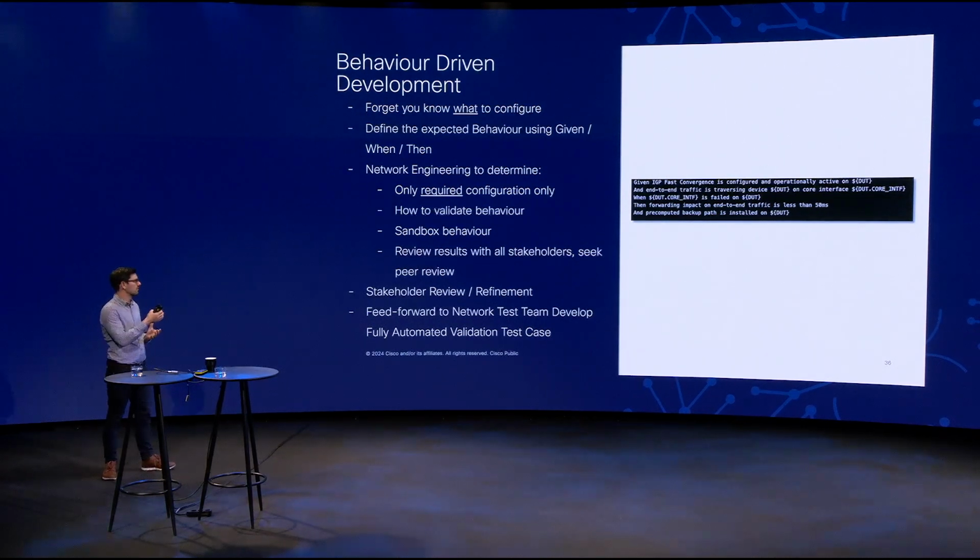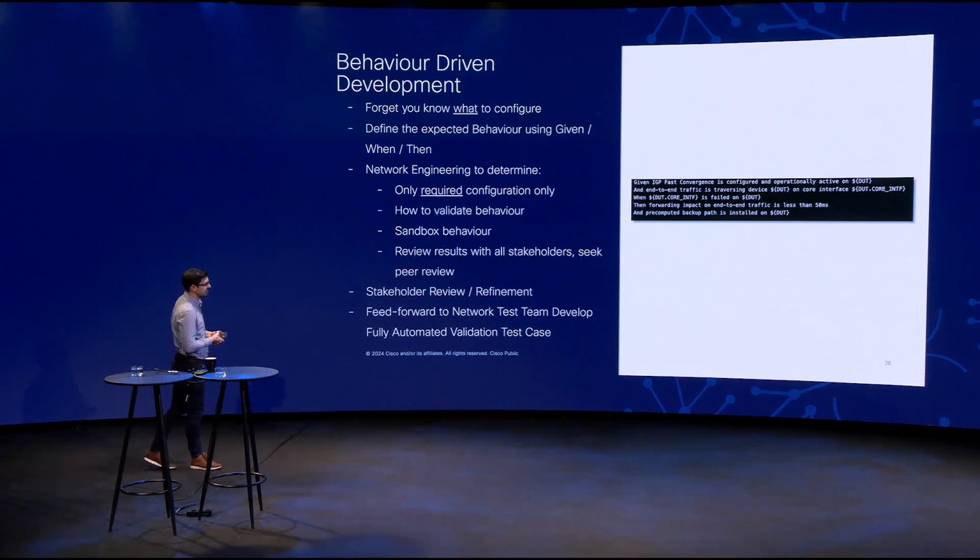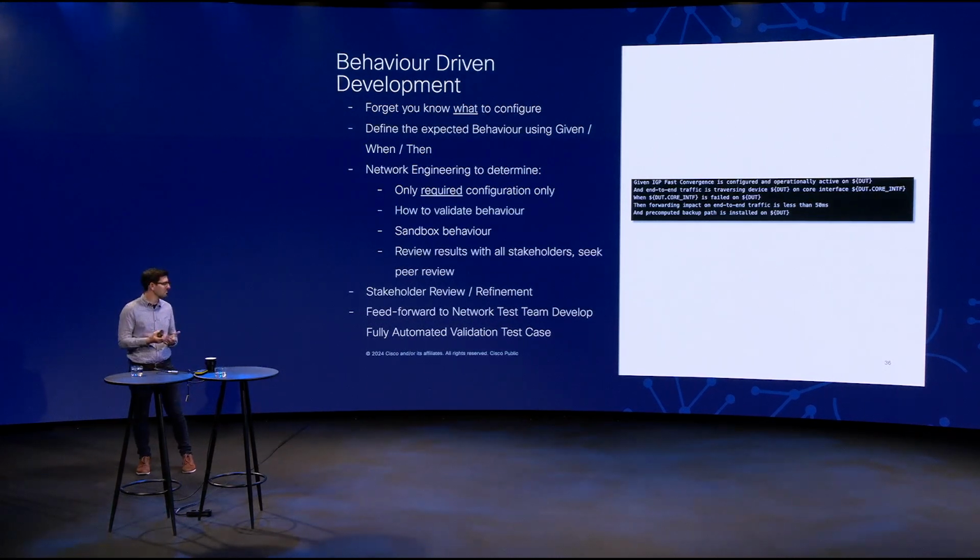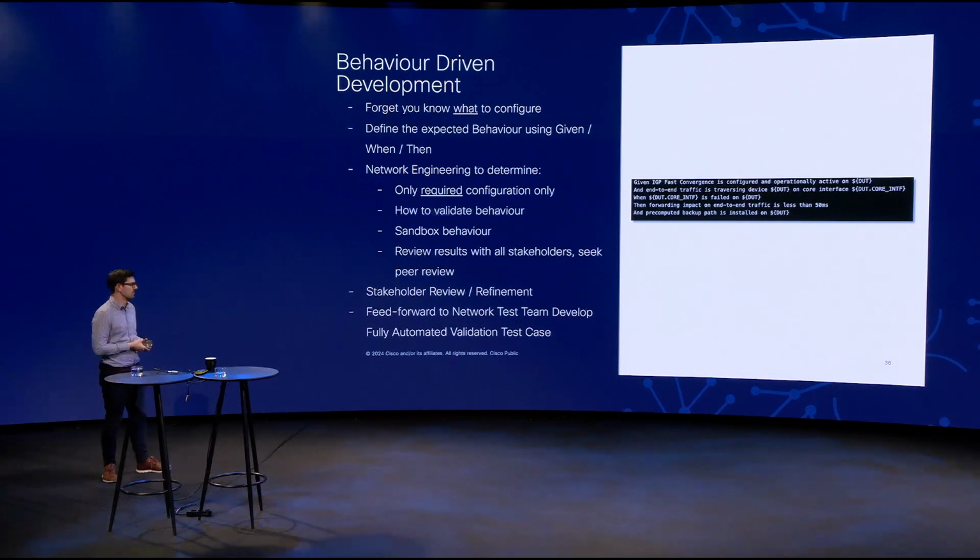So let's take an example. Given IGP fast convergence is configured and operationally active, and end-to-end traffic is traversing a core link, when the core link has failed, then forwarding impact is less than 50 milliseconds, and a pre-computed backup path is installed.